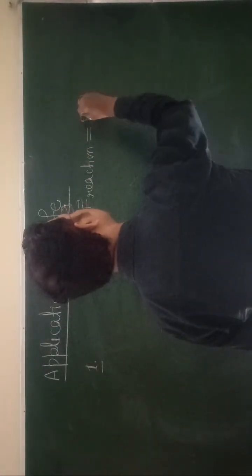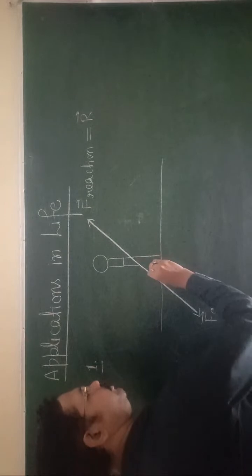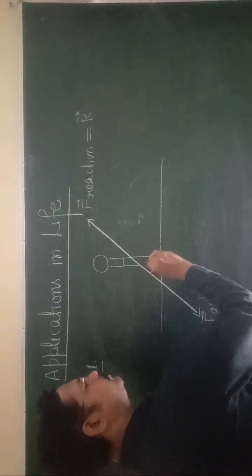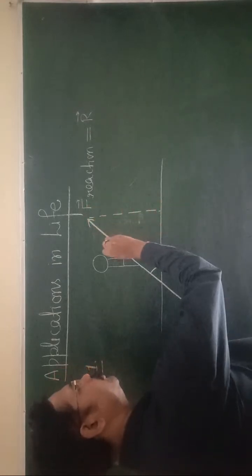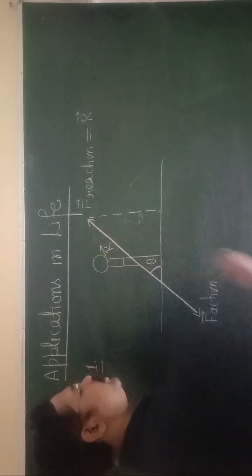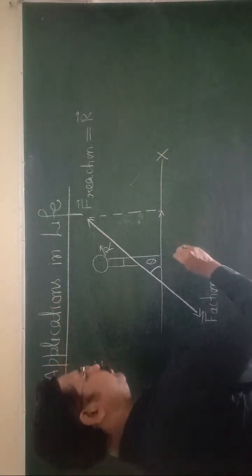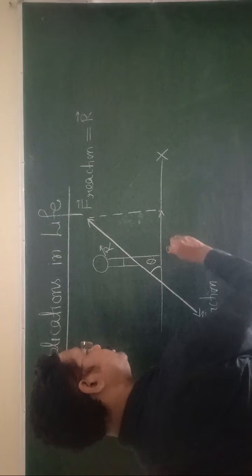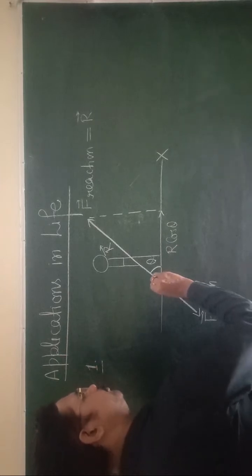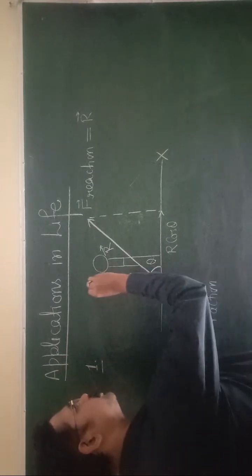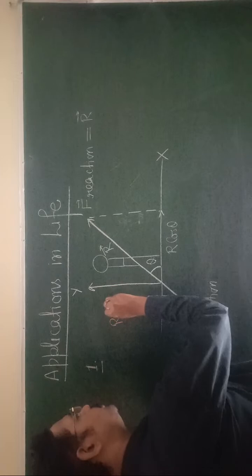You can also indicate this by the arm. So this is making a certain angle with the ground. And for the reaction force R, its component in the x-axis on the ground is R cos theta, and its component in the y-axis is R sin theta.